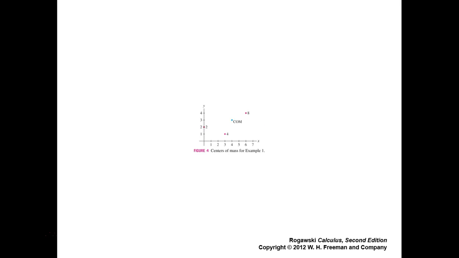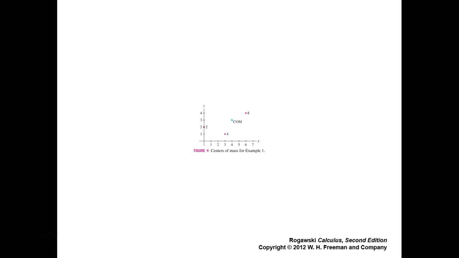Now that example was from discrete masses. What if you had continuous masses? No, I'm sorry, we're going to do discrete first. So here is the first example, I think. Find the center of mass of 3 particles in figure 5. It's figure 5 in our book, figure 4 in your book, and on the slide set.